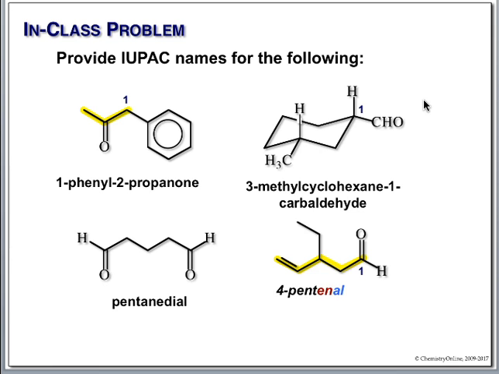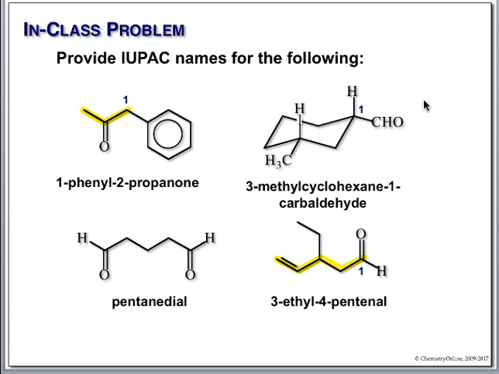This is pent for our 5 carbons, ene for our double bond, 4-ene, and it's an aldehyde in carbon 1. We also have the ethyl group here in carbon 3. 3-ethyl-4-pentenal.